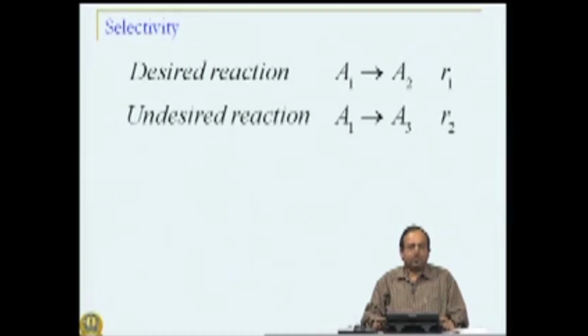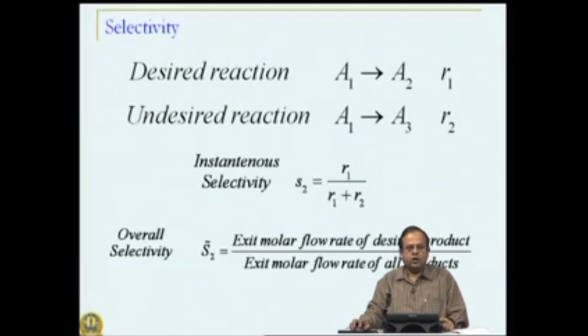So, we have to define what we term as selectivity, and in the last class we defined two different kinds of selectivities. One, instantaneous selectivity small s2, which is a ratio of rate of the desired reaction to the total rate of consumption of A1, that is both in desired as well as undesired reaction.